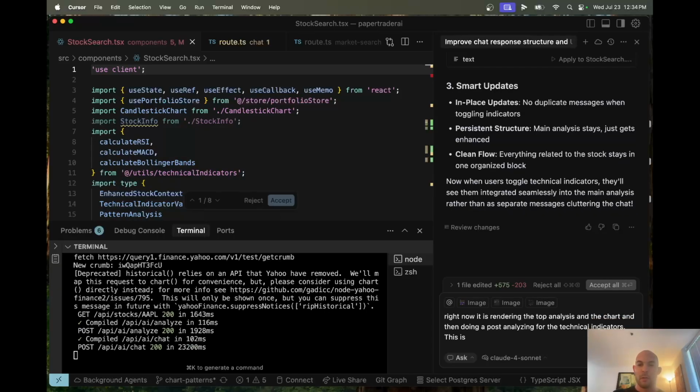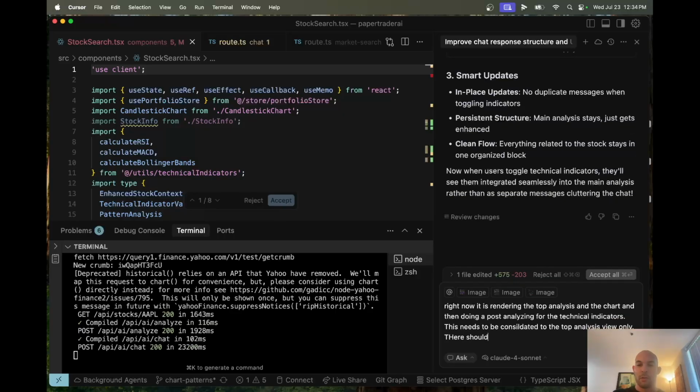This needs to be consolidated to the top analysis view only. There should be nothing under the chart for a, that's fine.